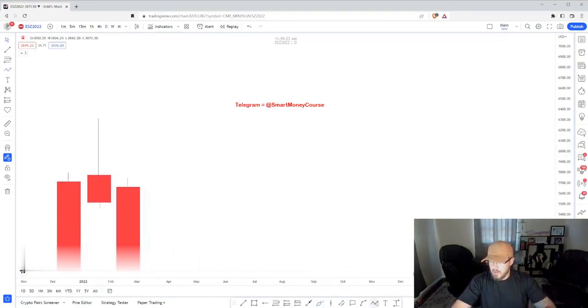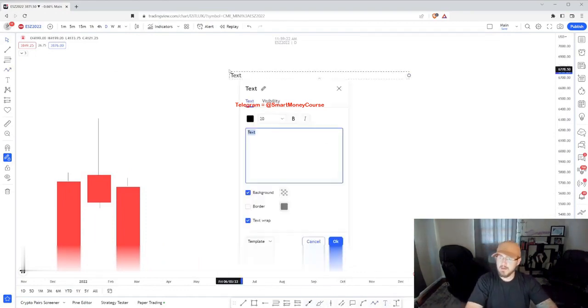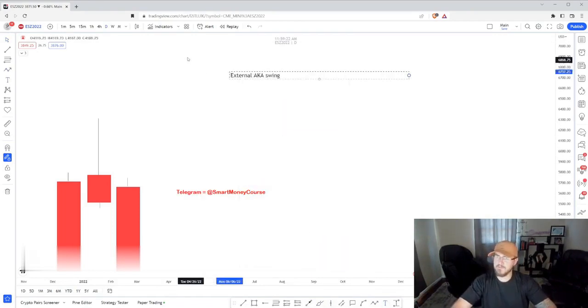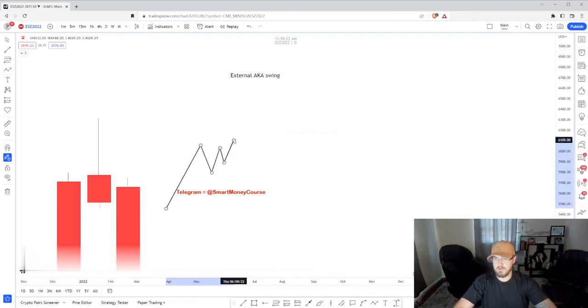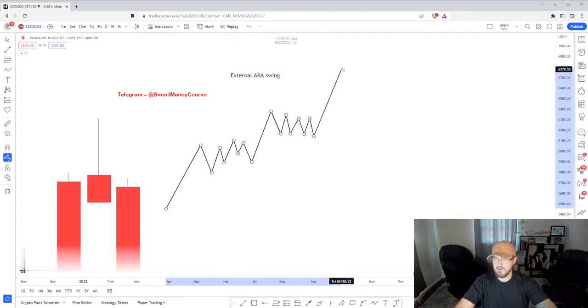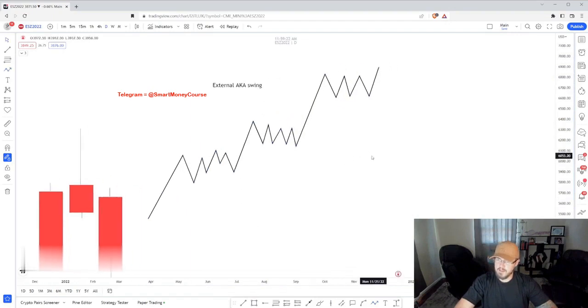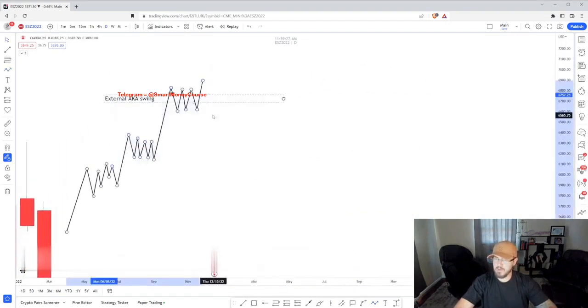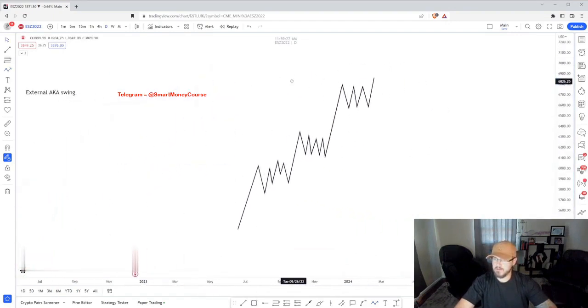So we have two different types of structure that we're going to be focusing on. The first is going to be external, and this is also known as swing structure. Whenever we're talking about price and we have these large moves, let's do this over here.